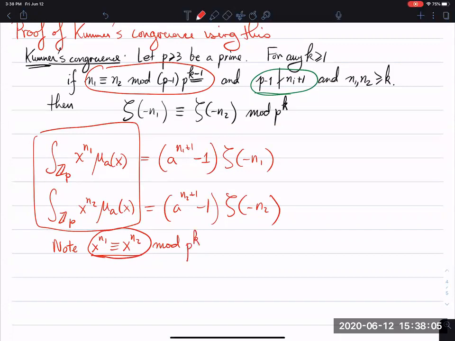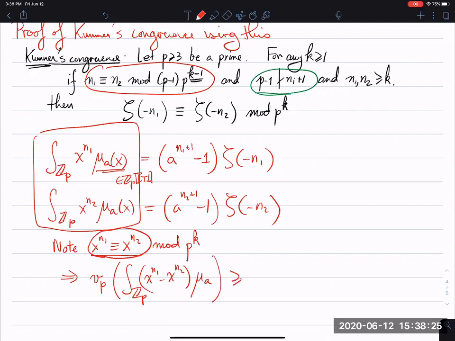And therefore, because mu a belongs to Z_p[[T]] with integral coefficients, the p-adic evaluation of x to the n1 minus x to the n2, paired with mu a, will be divisible by p to the k. So the thing on the left is congruent mod p to the k.